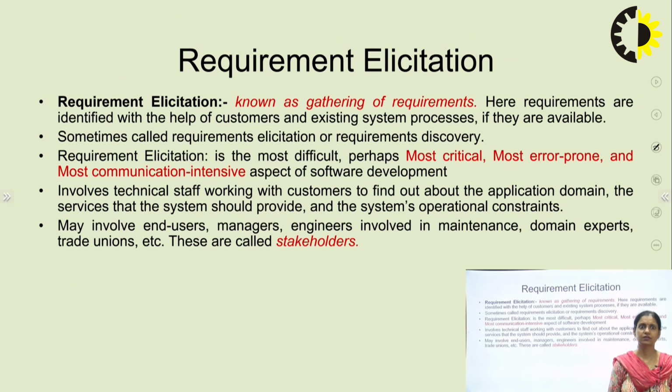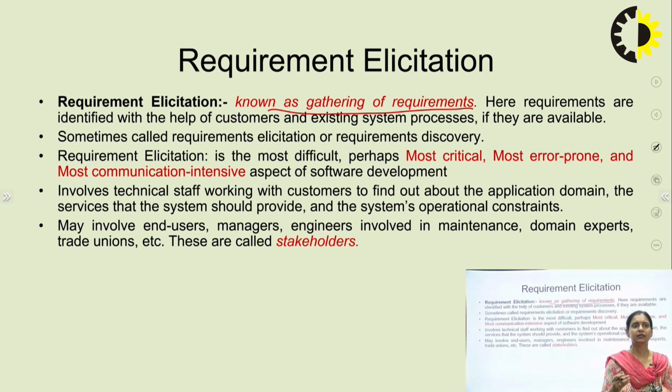Now the first phase of the software engineering process, that is the requirement elicitation. As we have already discussed, it is known as gathering of the requirements, wherein the requirements are identified with the help of the customer and the existing system processes if they are available. Because sometimes the user already has some sort of software with him and he wants a compatible software which can work along with the already existing software.